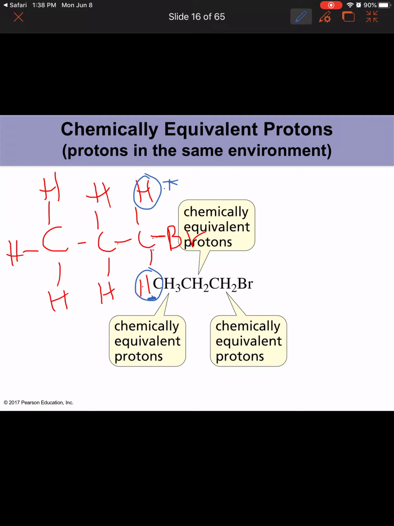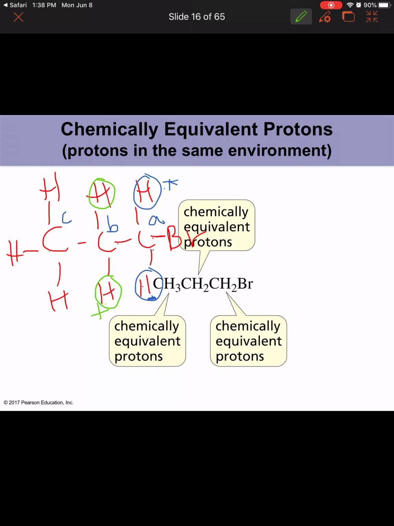Because of that, let me label them as A, B, C. A would appear as one signal because they are in the same environment. That is one chemically equivalent set of protons. If you take the B hydrogens, there are two hydrogens. The top green hydrogen is connected to carbon B, which has C and A attached.